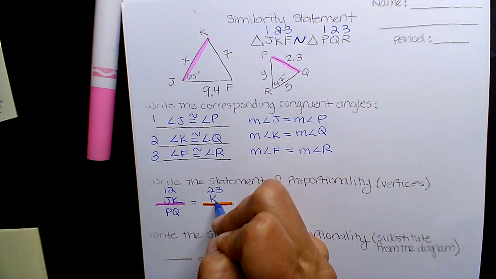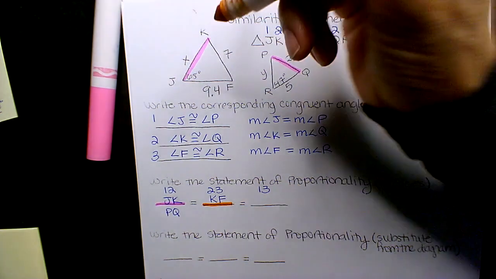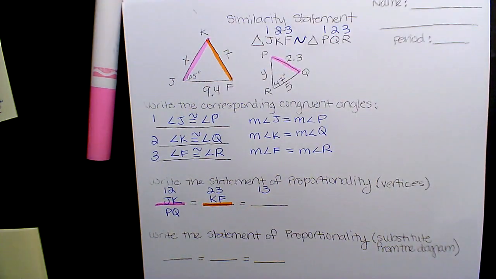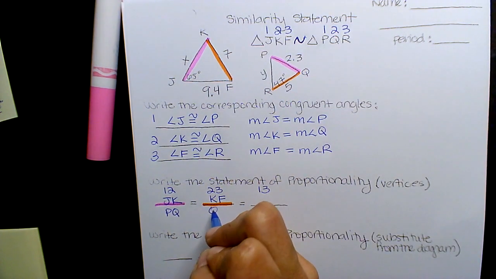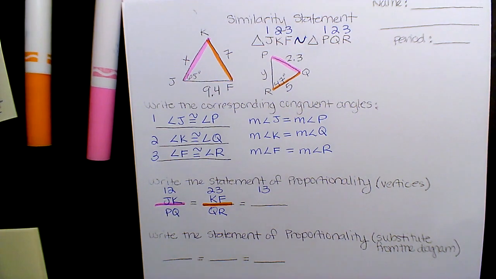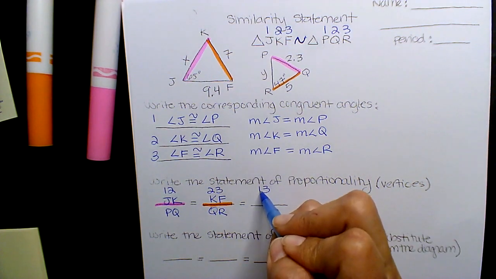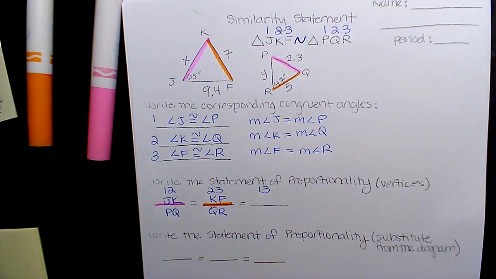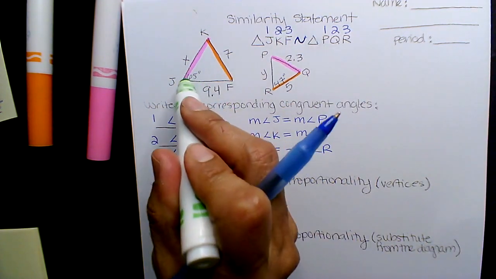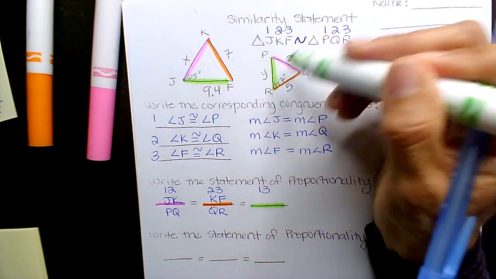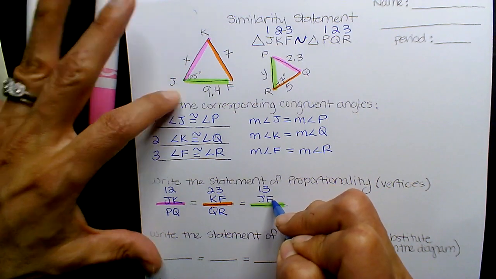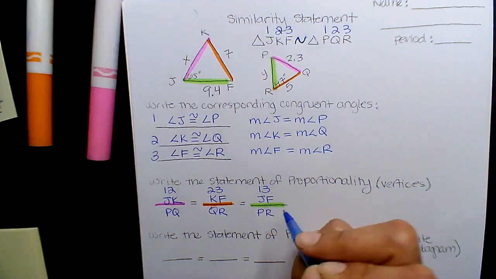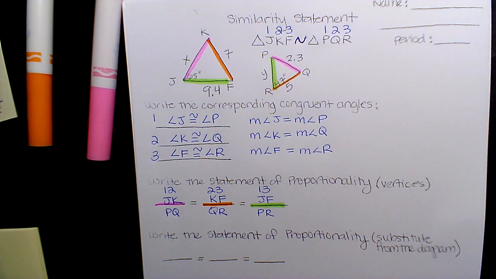KF, and what does KF correlate to? QR. We'll go green. And then, by elimination, what's the first and the third letter? J and F. So JF correlates to PR. By the way, if you write RP or PR, you don't lose points.